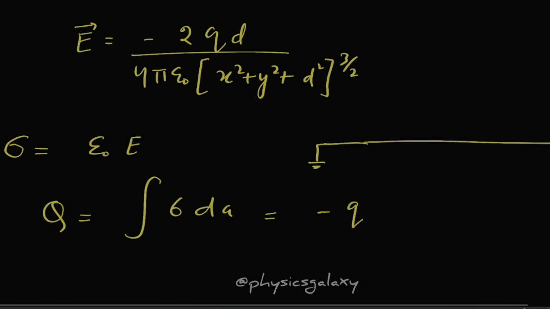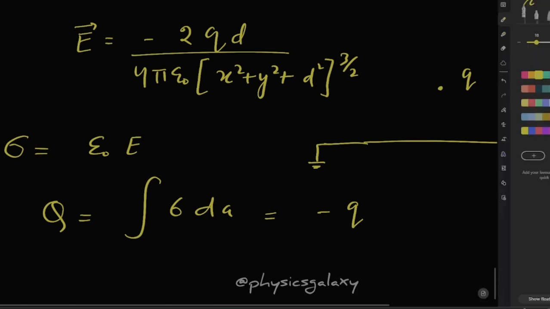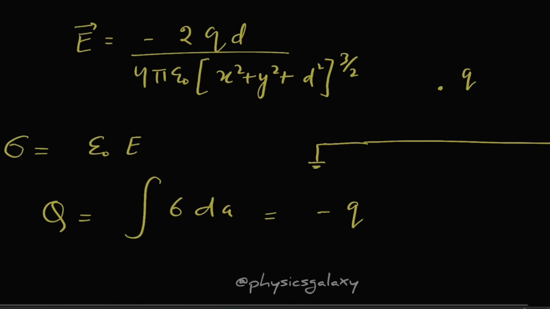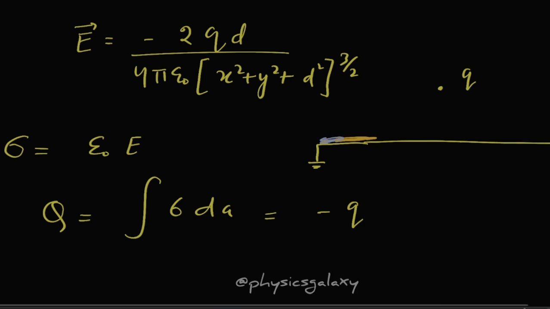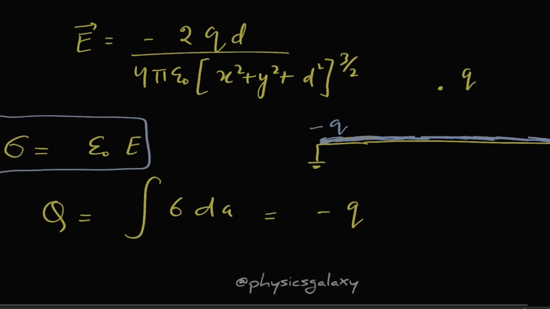So we have a real charge q in front of this infinite conducting sheet, which means there is a development of charge onto this surface. Let me use another color. There is some charge here, and if you integrate this whole charge, it will come out to be minus q, right?